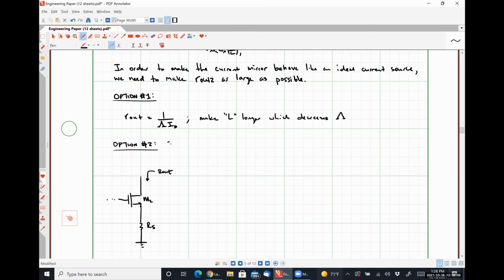This is called source degeneration, right? That's what it's called when we tack a resistor onto the source.